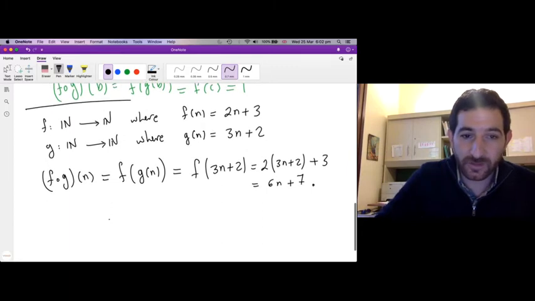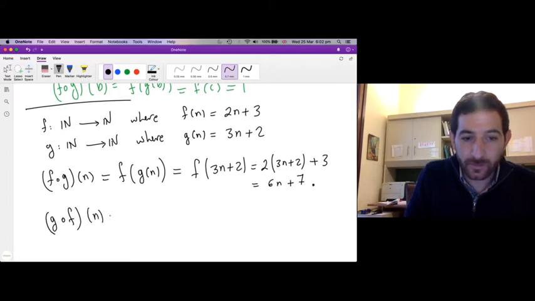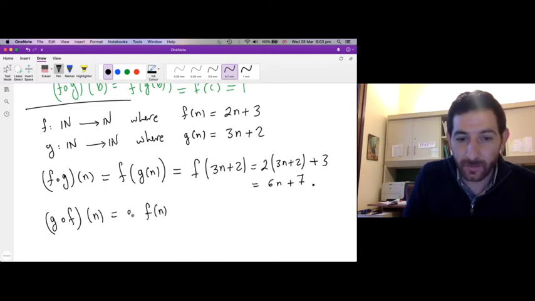Okay, let's compose them in the other order. So g of f of n. This means apply g after you apply f. So first apply f to n and then apply g. What is f of n? It's 2n plus 3.